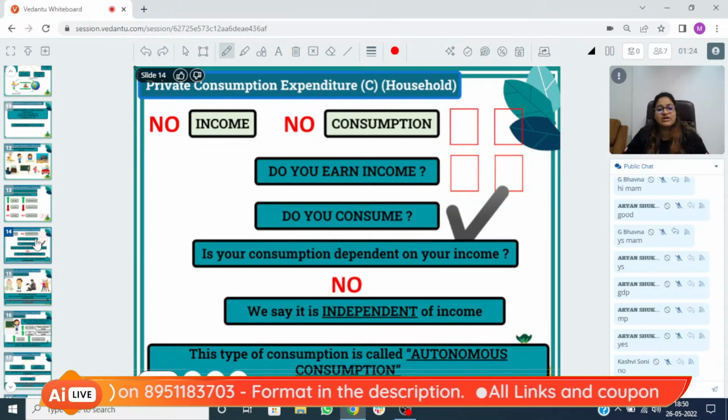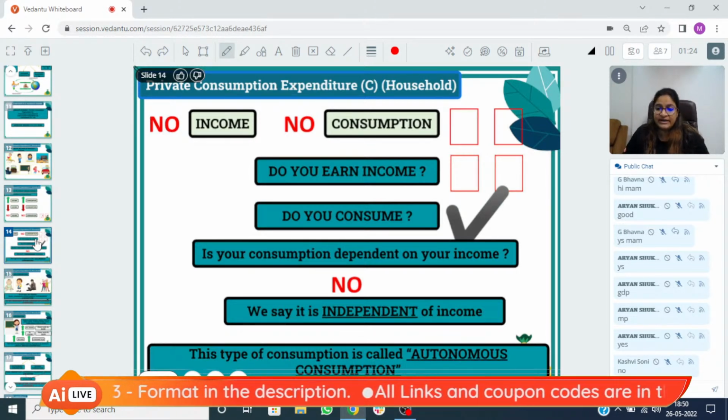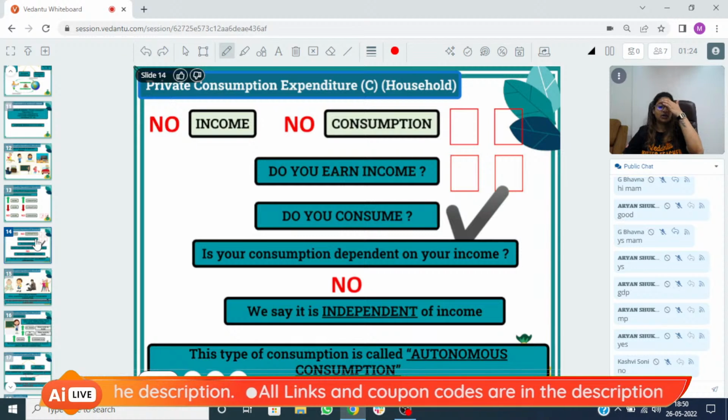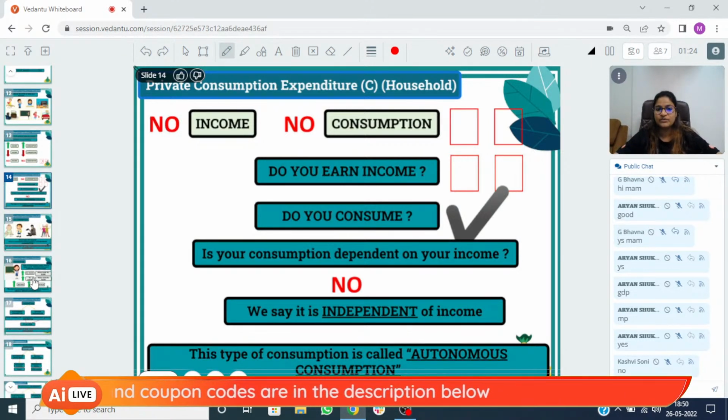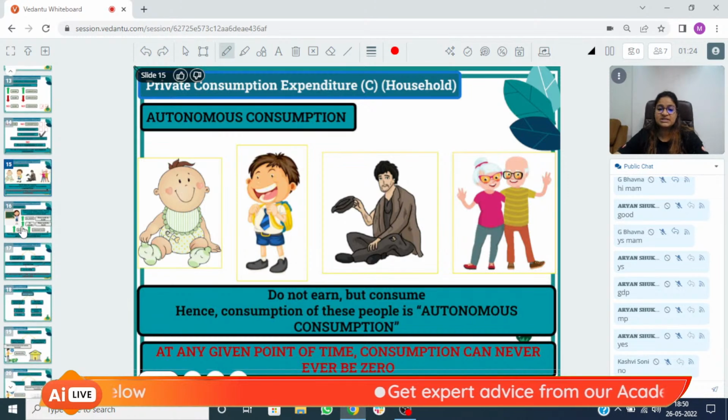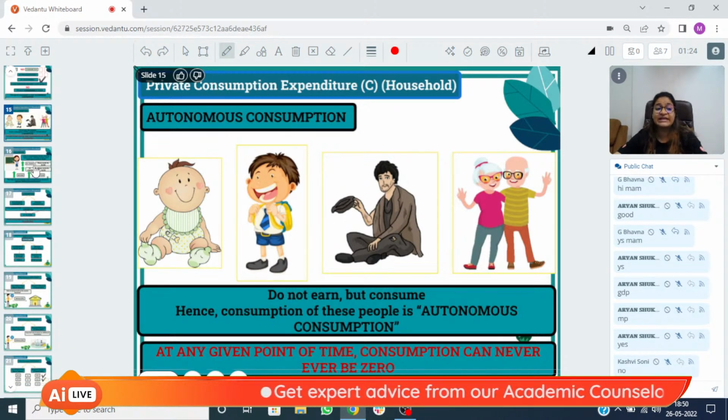Correct? This type of consumption which is independent of income, which is not dependent on income, is called autonomous consumption. What is it called? It is called autonomous consumption. So autonomous consumption is that consumption which is independent of income.